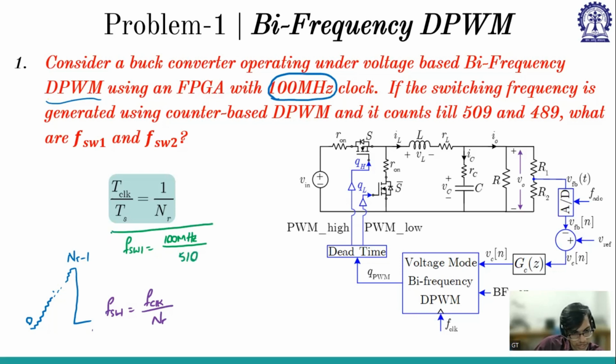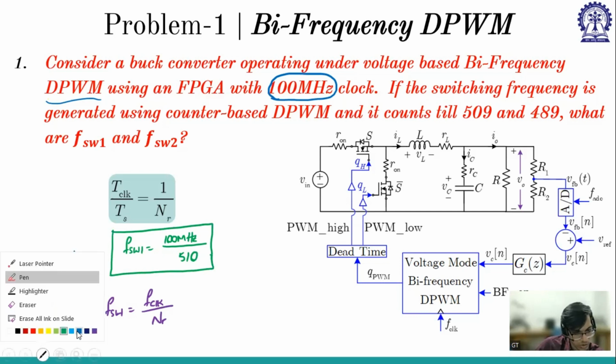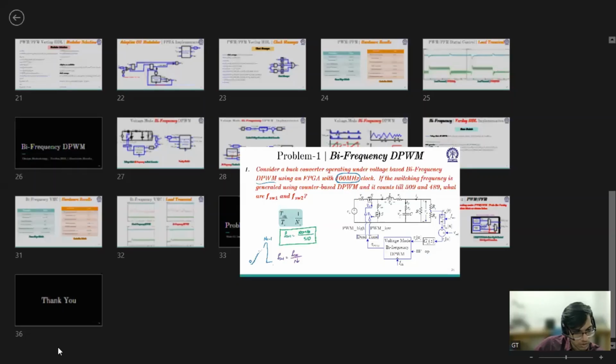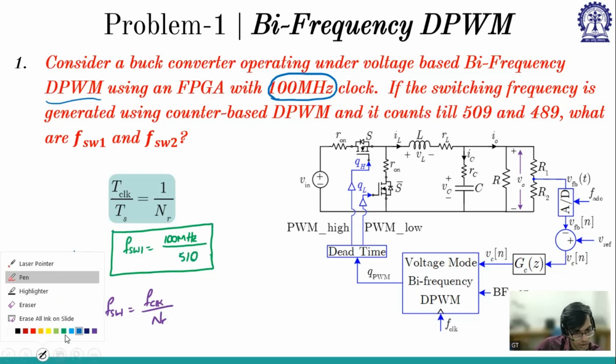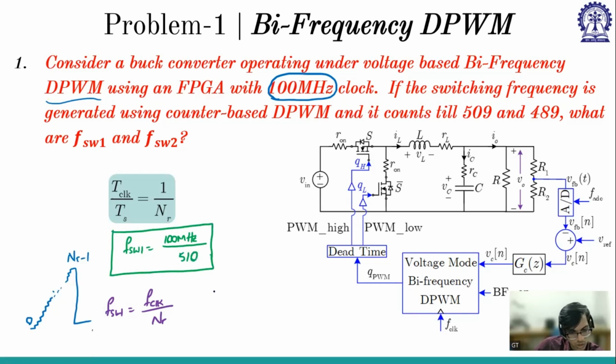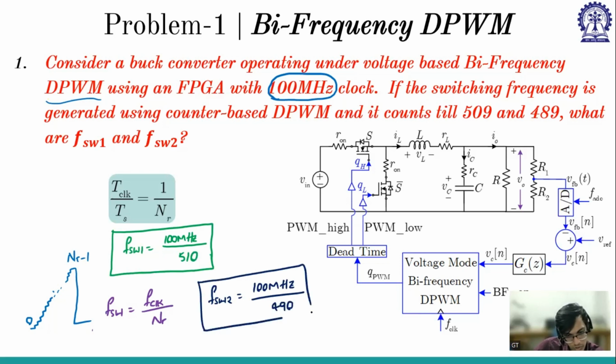So it will be 510. And similarly, FSW2 is 100 megahertz by 490. So these are FSW1 and FSW2.